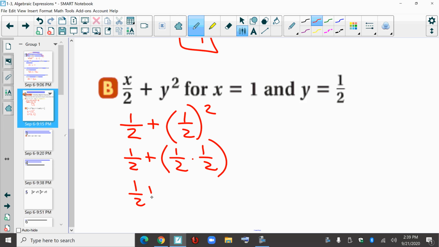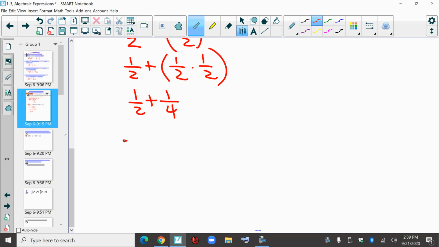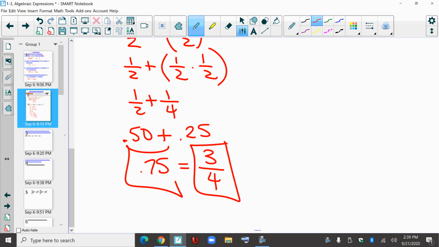So I have 1/2 plus 1 times 1 is 1, 2 times 2 is 4. So half is understood to be 0.50. 1/4 is understood to be 0.25 or a quarter, and 50 cents plus 25 cents is 75 cents, which is the same thing as 3/4. Notice how we use common sense to be able to get that calculation done.